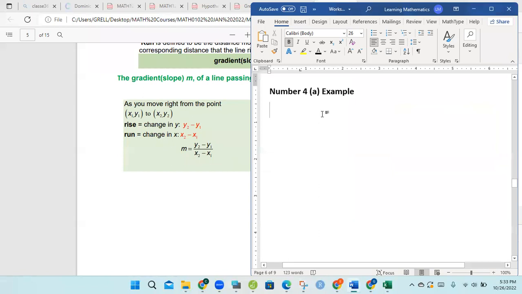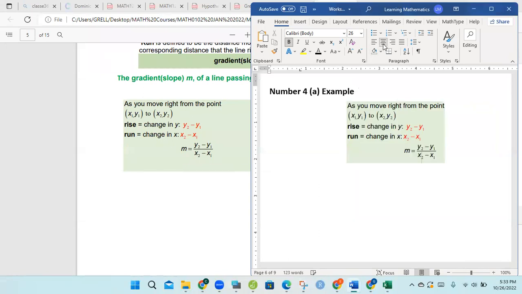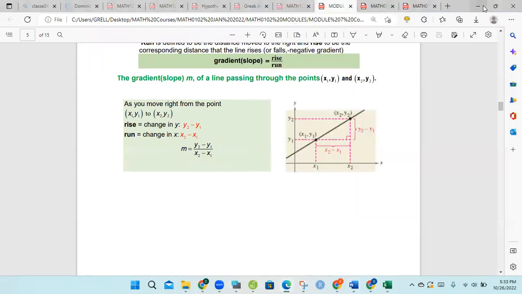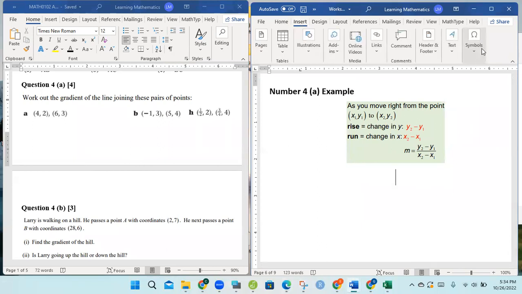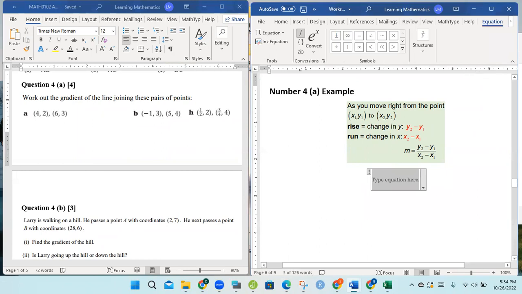So here's the formula. Y2 minus y1 over x2 minus x1. Let's give an example. We know for sure any coordinates must be x first and then y coming after.